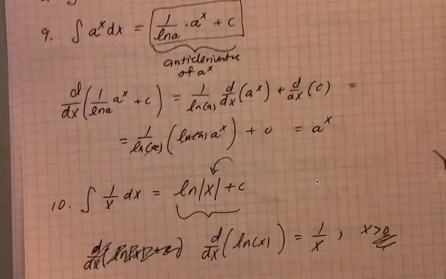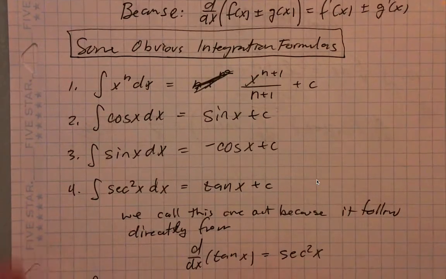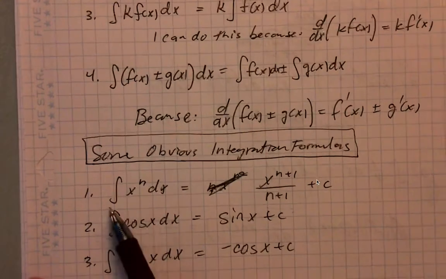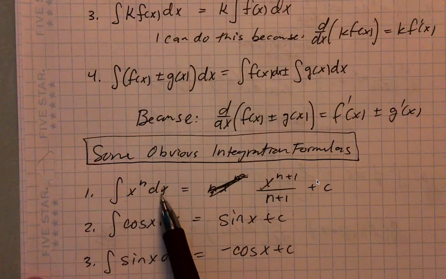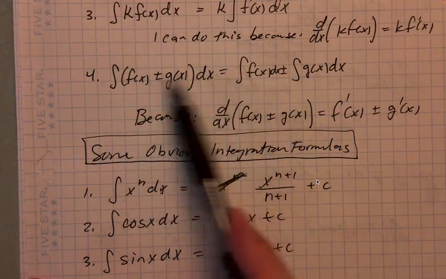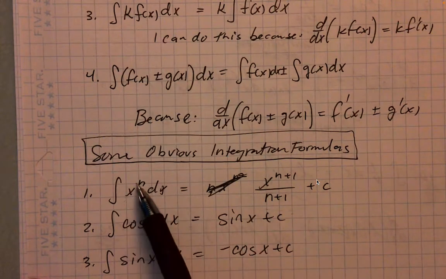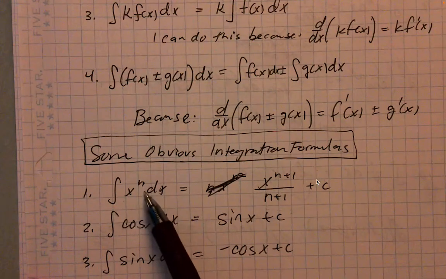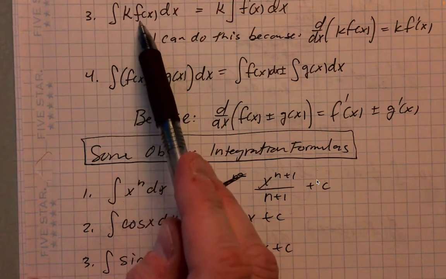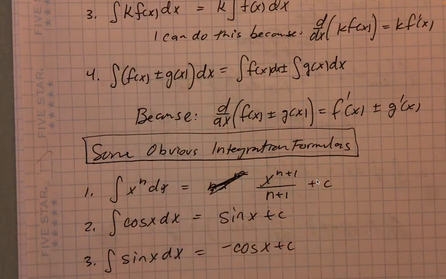So there we have 10 basic integrals, and we actually have a lot more than that, if you think about it, like this one here, the integral of x to the n dx. Together with item 4 here, this basically gets you all of the polynomials, right? This is like the terms of a polynomial. So this fact, together with these two, because you have a coefficient in front of each of the terms, perhaps, of the polynomial.